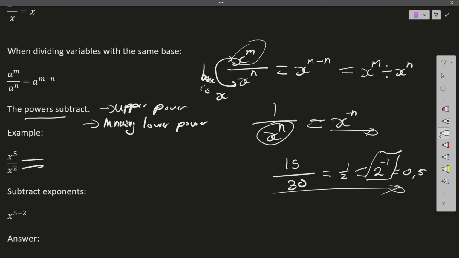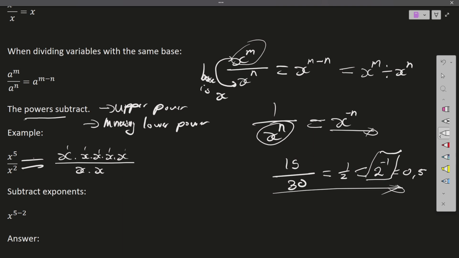x to the power of 5 divided by x to the power of 2. So let me just expand this. We have x to the power of 5: 1, 2, 3, 4, 5, right? They are all to the exponent of 1.